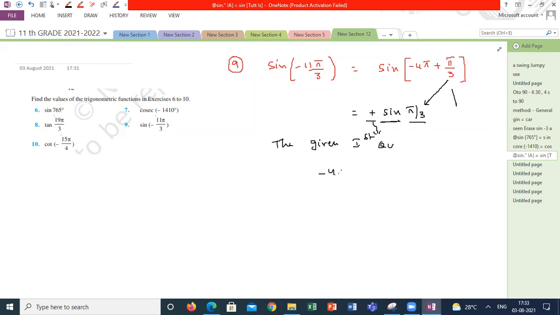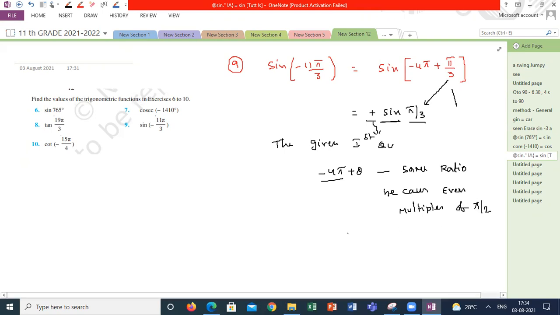So it is minus 4 pi plus theta. This minus 4 pi is related to supplementary angles, so the same ratio will come because of even multiples of pi by 2, or you can say multiples of supplementary angles. That's it, these 2 points only are important.